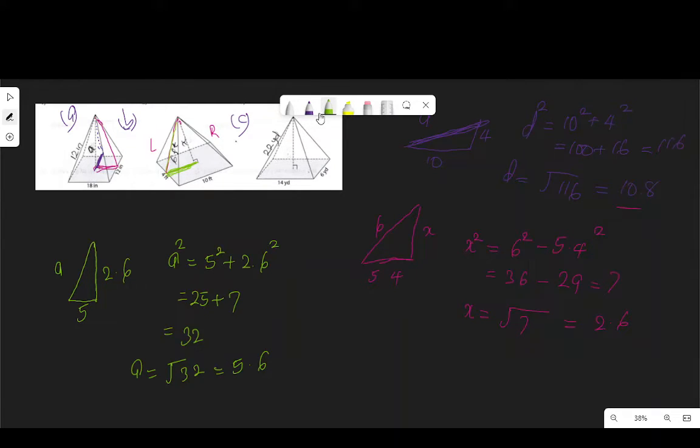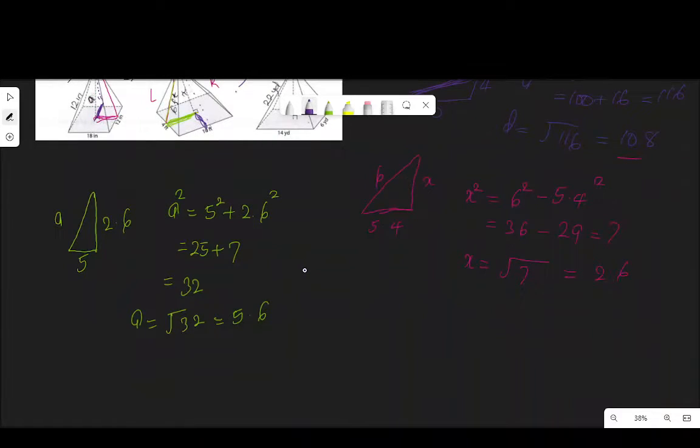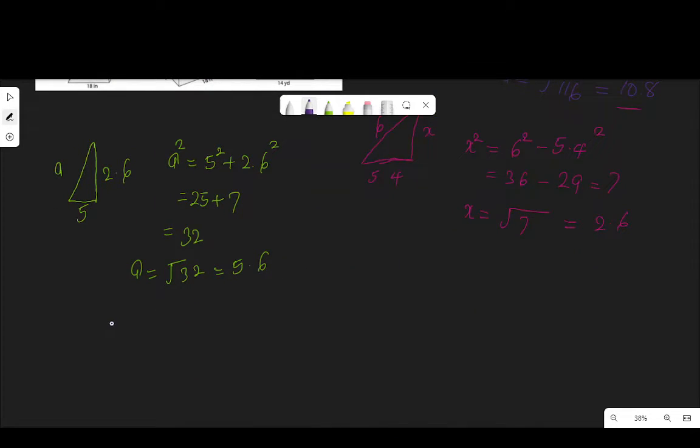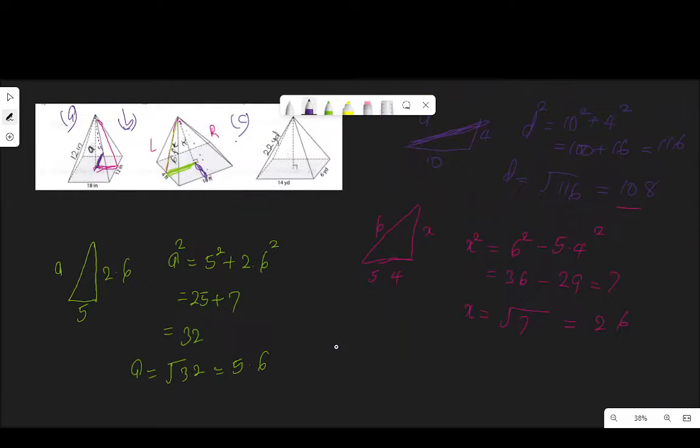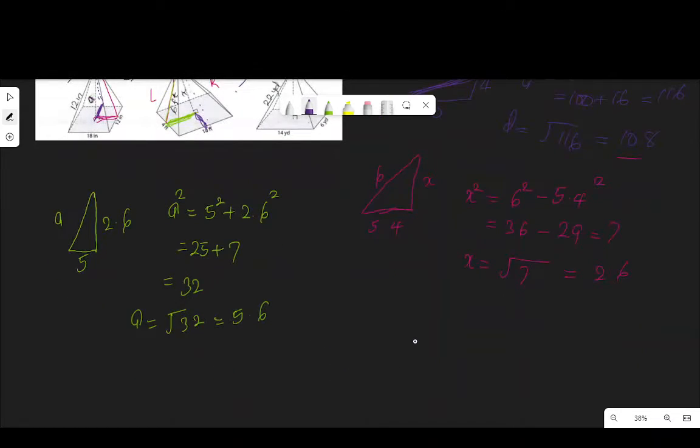To get the height of the front and back triangle, if I draw a line here and another one to meet it, this dotted line is the height of the front and back triangle. To get that, again we apply Pythagoras theorem. The vertical height, which is x, is 2.6. The base of that triangle is half of this 4 feet here, which is 2.